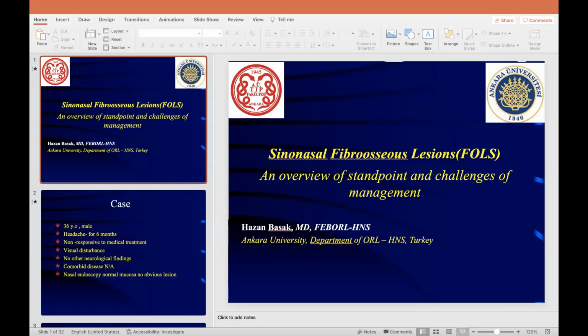In fibrous dysplasia, even if it encases any neurovascular structures, even if it encases the optic nerve completely, or looks like it's compressing the optic nerve completely, it doesn't mean that will cause visual disturbance, and it doesn't mean that patient needs surgery. This is the biggest difference fibrous dysplasia has, because studies show even if it encased the nerve or the vascular structures completely, it doesn't cause any harm, and it doesn't cause any neurological symptoms in most of the cases.